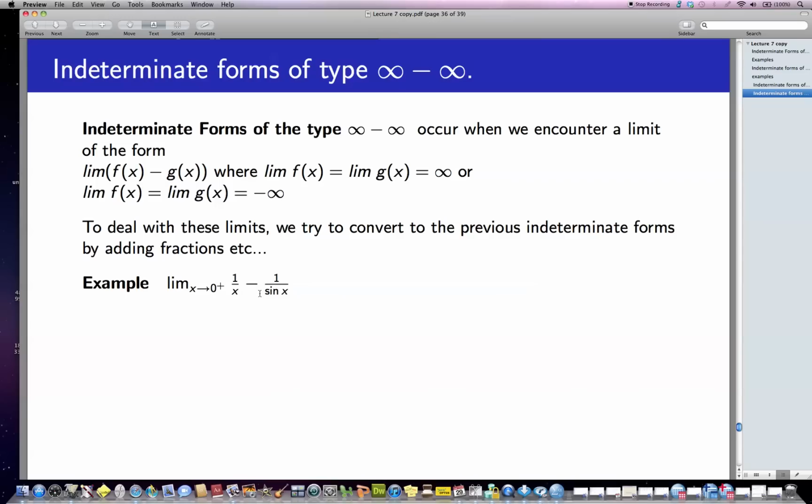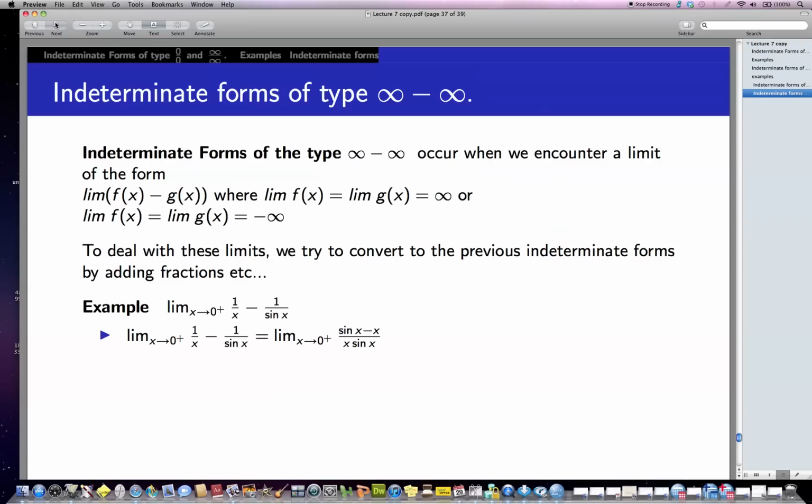For example, if I have two fractions here, I could add the fractions. So here we see this is an indeterminate form. As x goes to 0 from the right, 1 over x goes to infinity. And also 1 over sine of x is going to infinity. But I can amalgamate these two fractions, and I multiply the denominators.